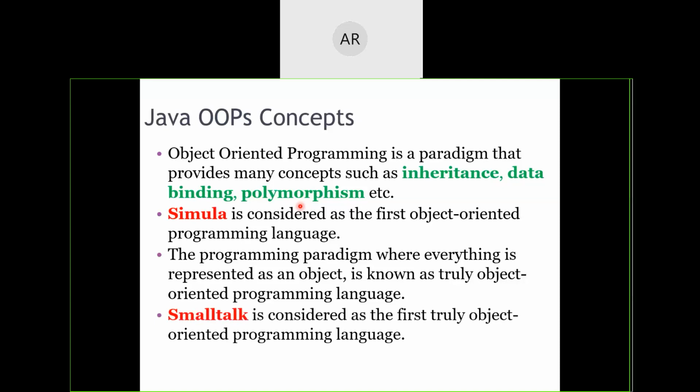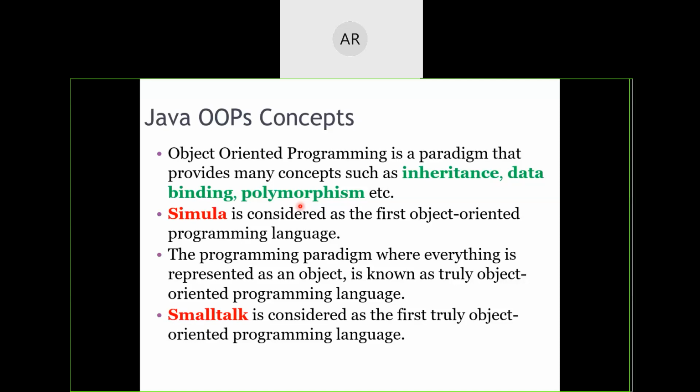Now, similar to Java, there is one more language called Smalltalk. Smalltalk was initially considered the first truly existing object-oriented language. Just like how C++ is not truly object-oriented, it is an object-based language. Here also, Smalltalk and Simula are still under research, on whether the first truly existing object-oriented language is Simula or Smalltalk.